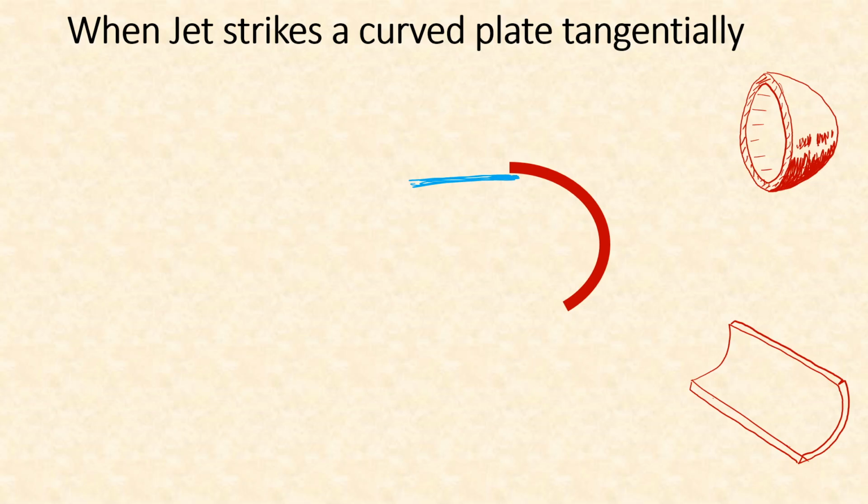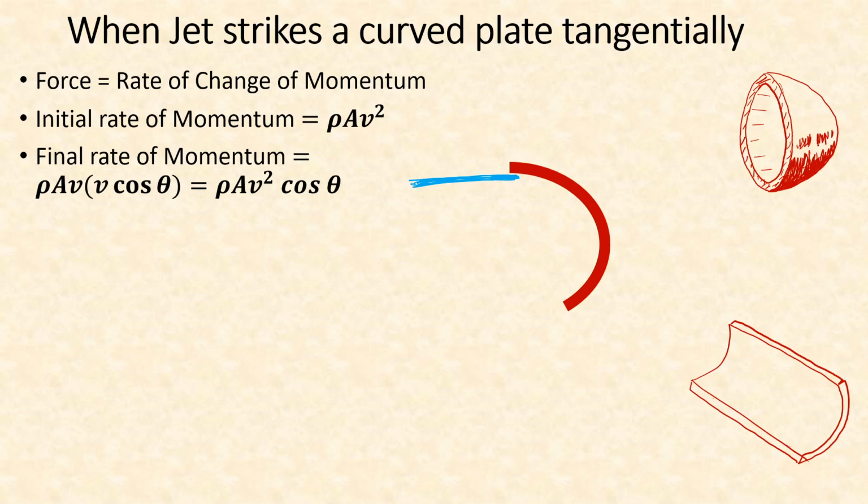Now what happens in this case? The force is equal to the rate of change of momentum. That is always applicable, and the initial rate of momentum is again rho a v square. The final rate of momentum is again rho a v square cos theta, which was the case in the previous case as well.